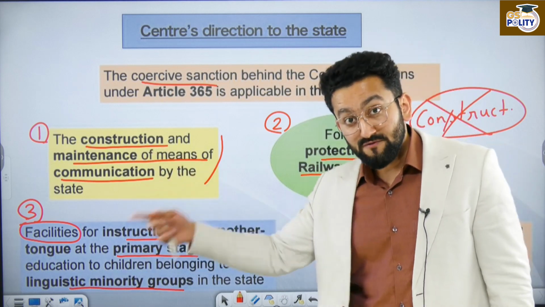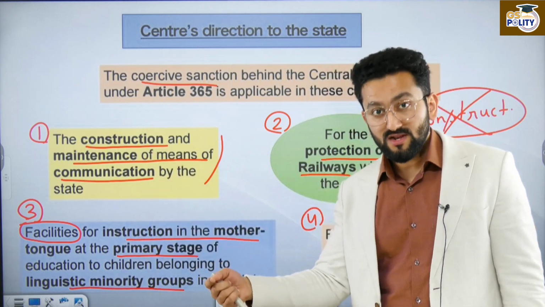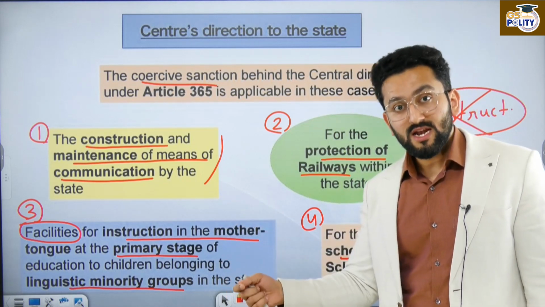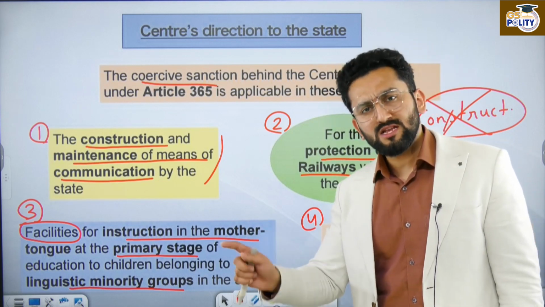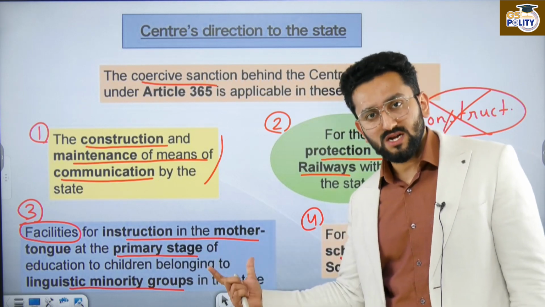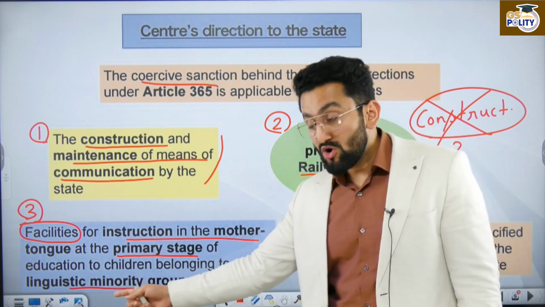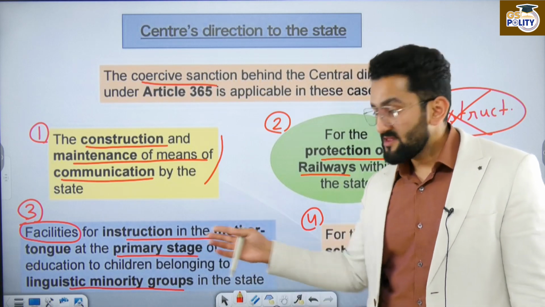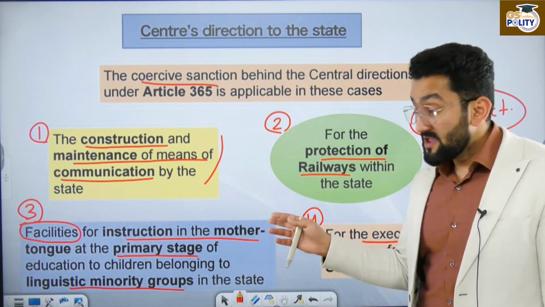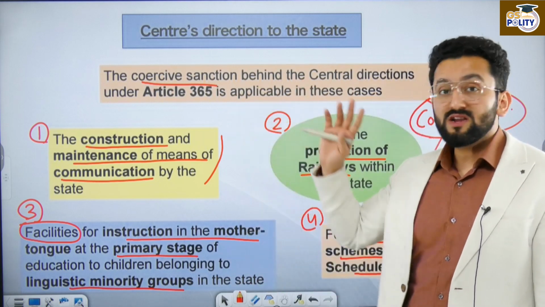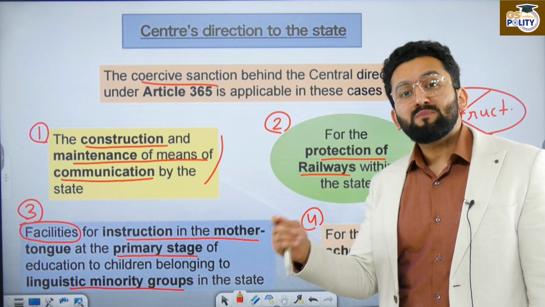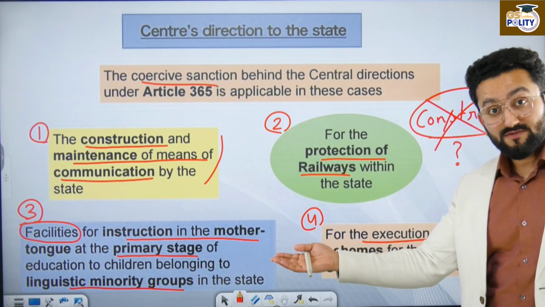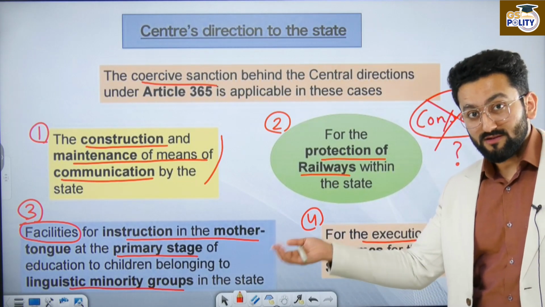So if the center is giving a direction to the state government that you have to provide facilities to give instruction to the children who are studying at primary stage, or eligible to study at primary stage, in their mother tongue, and specifically talking about linguistic minorities, because it is their right to get educated in their mother tongue. In this case, if a state does not comply, then it will be considered as a base for applicability of Article 365, okay? So such is the sensitivity or importance of this particular provision, okay?